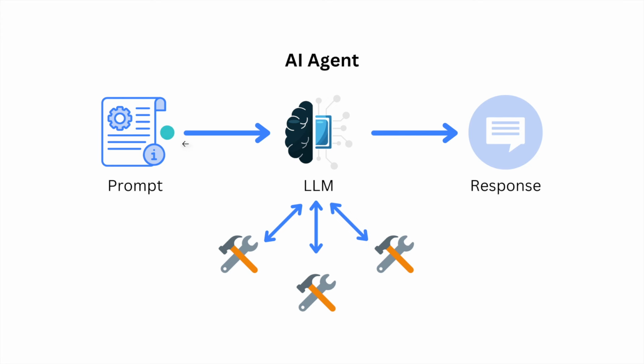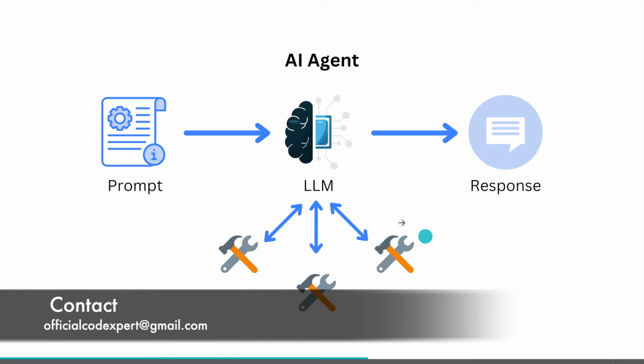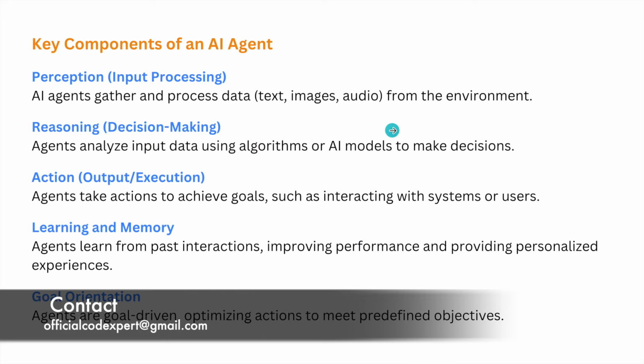If a user is asking for weather information, then look for the current weather based on location and generate the response. So there can be multiple tools for the LLM, and these tools can be used to create an AI agent.